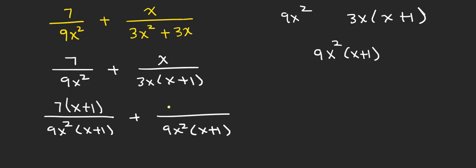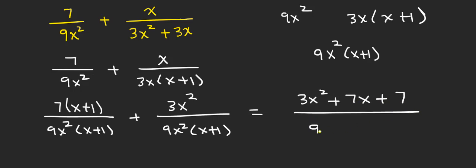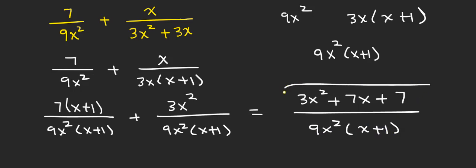What about over here? You need 3x. So 3x times x is 3x squared. And now you'll get, this is going to be 7x plus 7. So you end up getting 3x squared plus 7x plus 7 all over 9x squared quantity x plus 1. And this is your final answer.